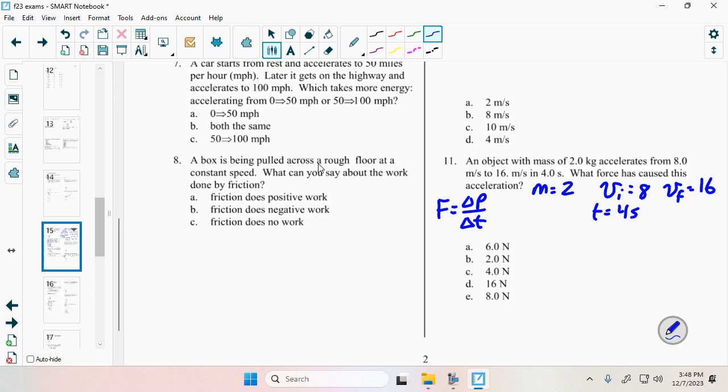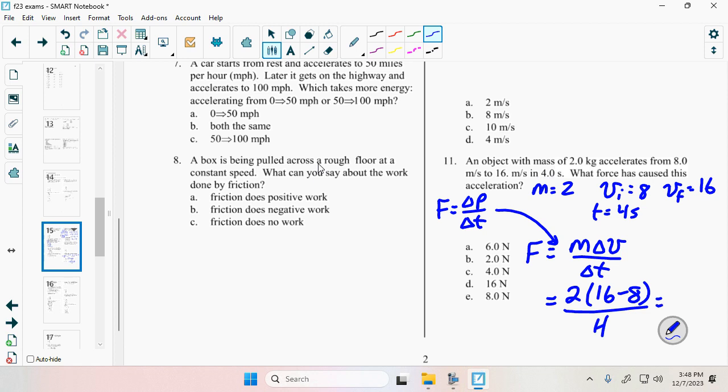And I want to know what force has caused that. So force is equal to m times delta v over delta t. That's just a rewriting of this because delta p is mass times velocity. That's going to be 2 times vf minus vi, 16 minus 8, divided by t, which is 4. That's 2 times 8, which is 16 divided by 4, so 4 newtons.